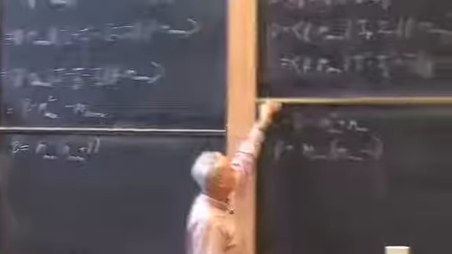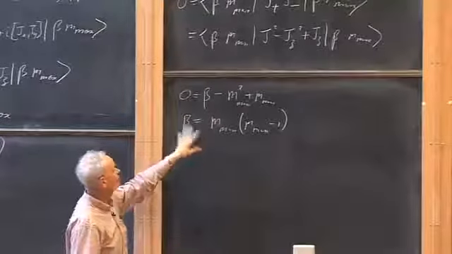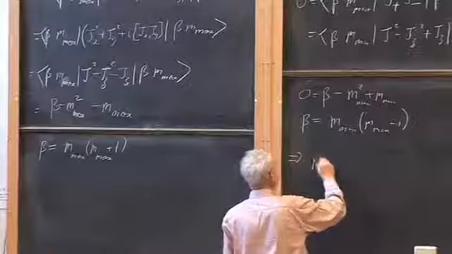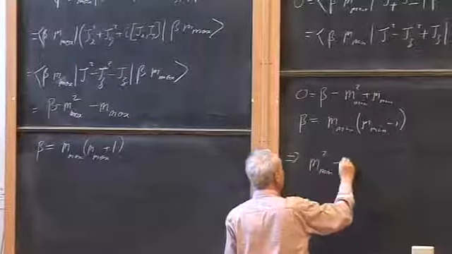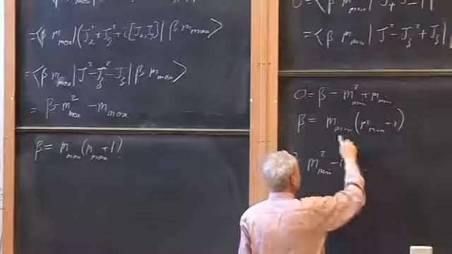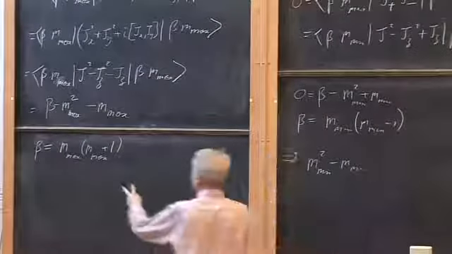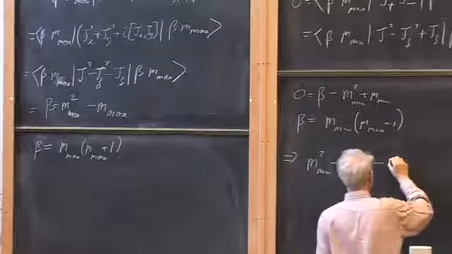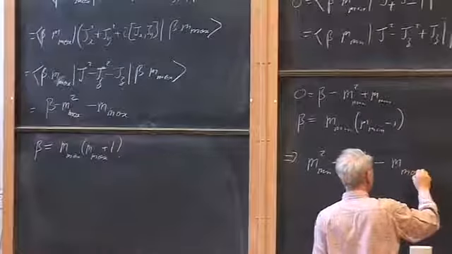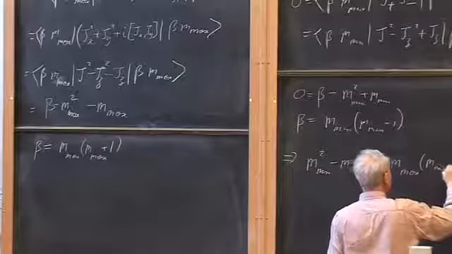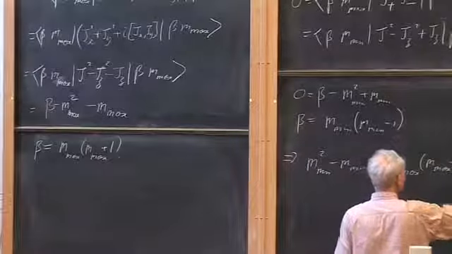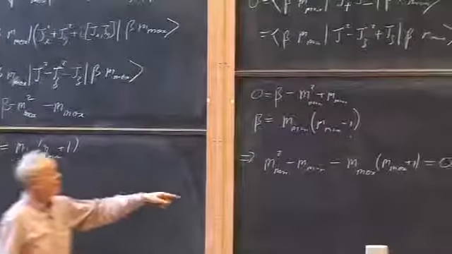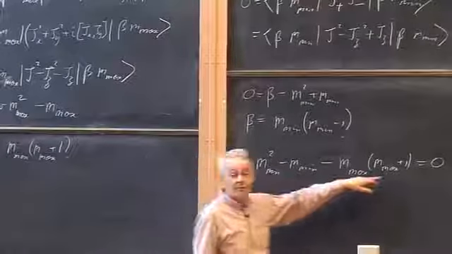And we can, between these two equations, eliminate beta and learn that m min squared minus m min, which is this, minus beta equals 0, but minus beta is the same as minus m max, m max plus 1. So we have this equation, and this can be thought of as a quadratic equation for m min in terms of m max.